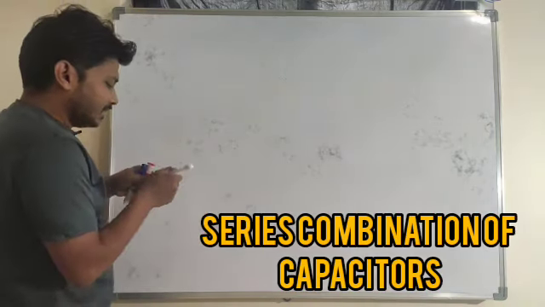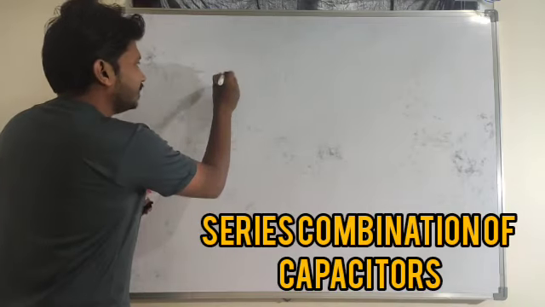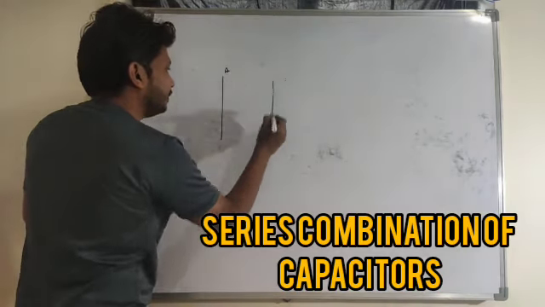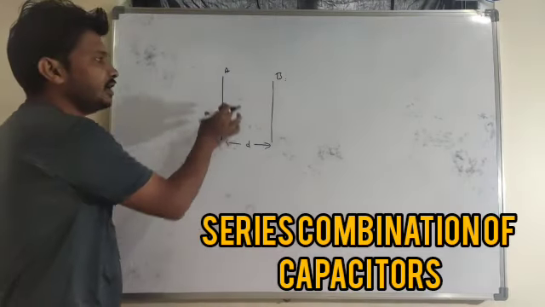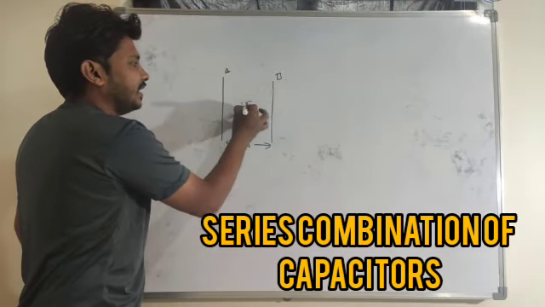For example, in the case of a parallel plate capacitor, let me take two plates here. Between these two plates there exists a certain separation, and air acts as the dielectric medium.